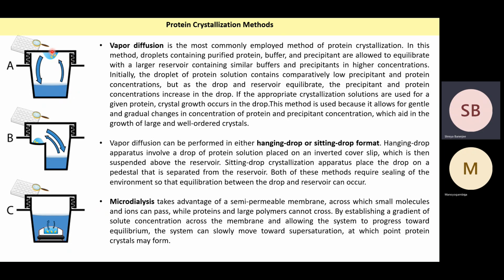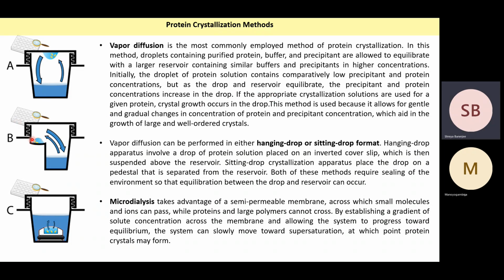What this means is that the protein and precipitant concentration is low, and so this buffer solution that is there is evaporating from the drop and condensing in the reservoir. So this is increasing the concentration of protein in the drop, whether the drop is hanging or sitting.